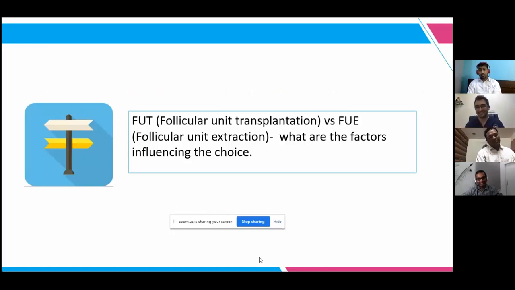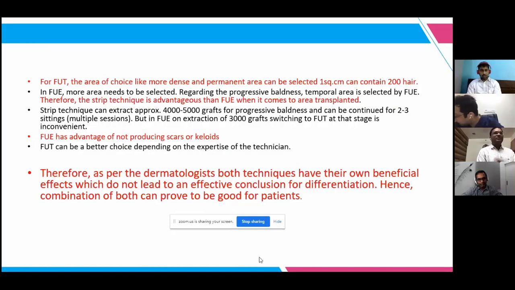Actually, you require both, FUT and FUE. Can you also combine them? Yes, we can combine them. That is the reason, to cover a large recipient area. Initially we do FUT followed by FUE. So ideally speaking, both techniques are very good and both are recommended. This one is not inferior, that is not superior. Both are required nowadays.